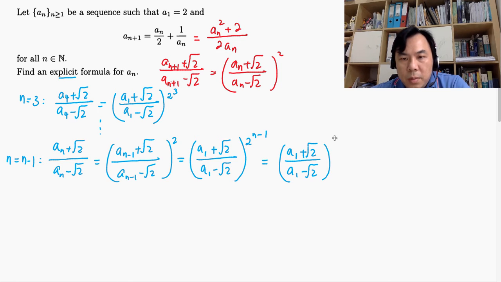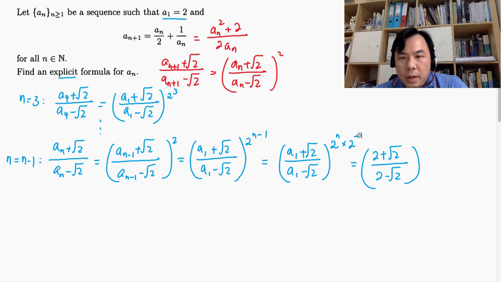Now that is the same as 2 to the power of n by 2 to the power negative 1 here. I hope that you are clear with this. And then we are given a1 here, which is 2. So therefore, I can actually write that as 2 plus 2, 2 minus 2 here. And then this one can be written as a half by 2 to the power n.